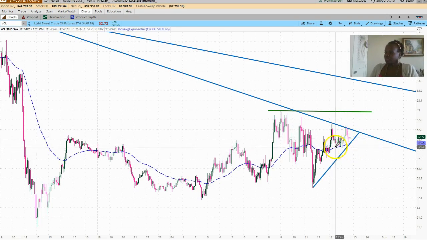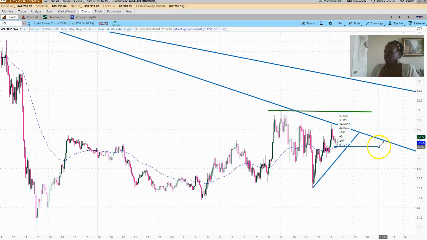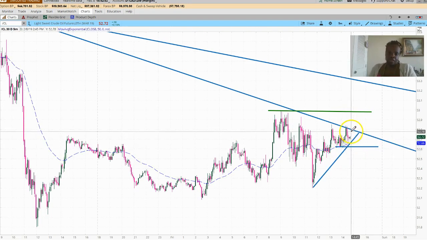This is an area of support where price pulled back and the price couldn't hold, and it pulled back up. Now I'm looking at this line and saying, this is my support line.